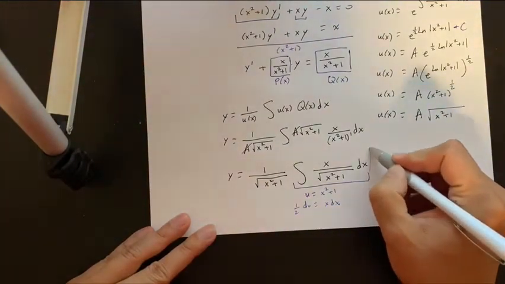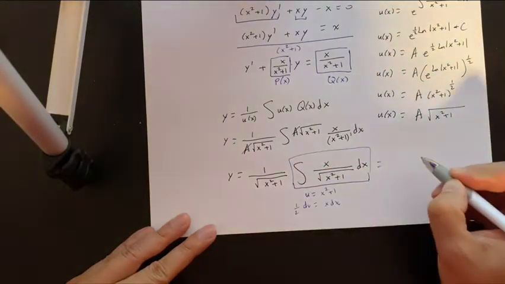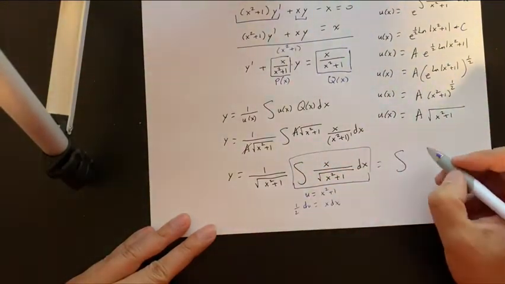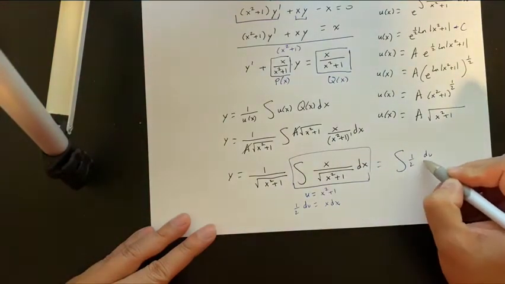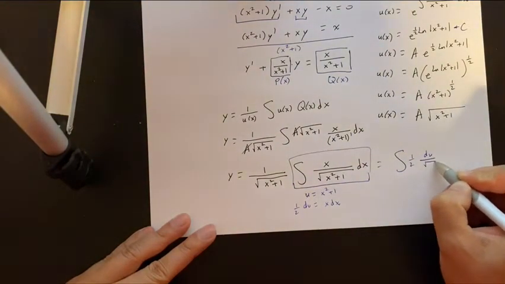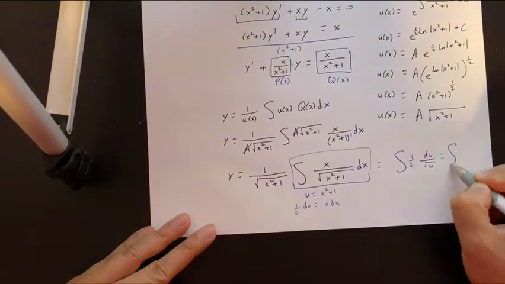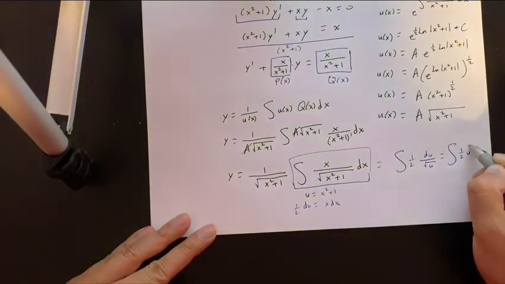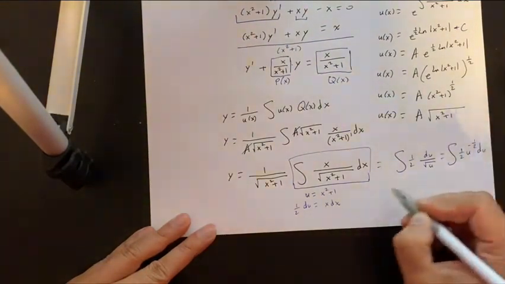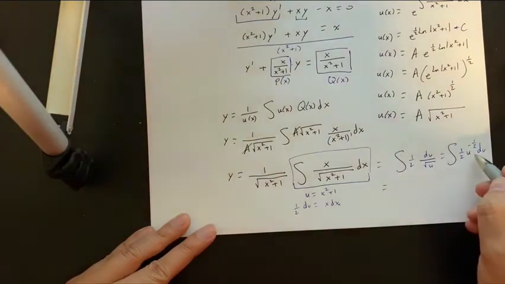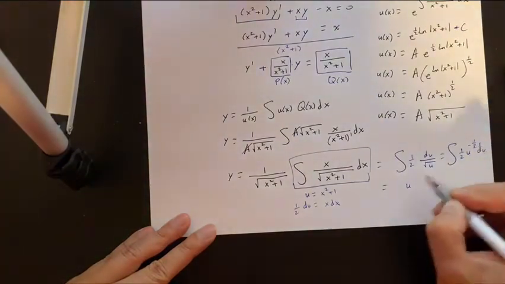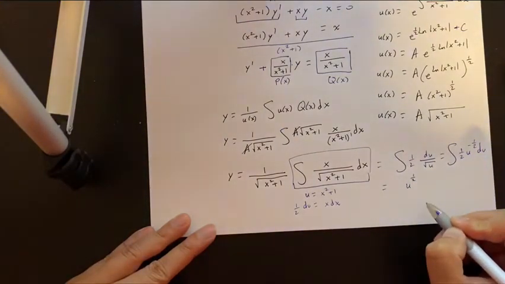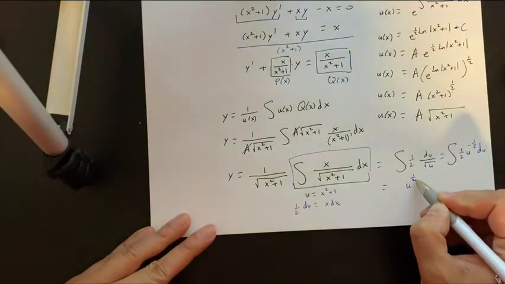So this blue part is going to be equal to the integral of 1/2 du divided by square root of u, or that's really 1/2 u to the negative 1/2 du. And so power rule tells me to add 1 to the power, divide by the new power.